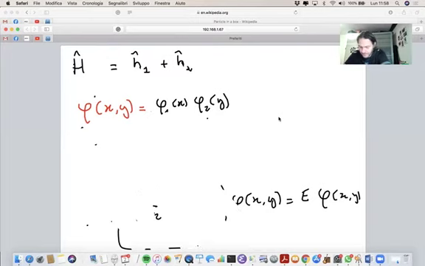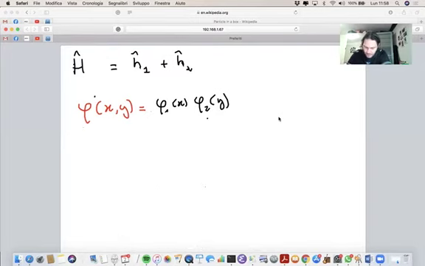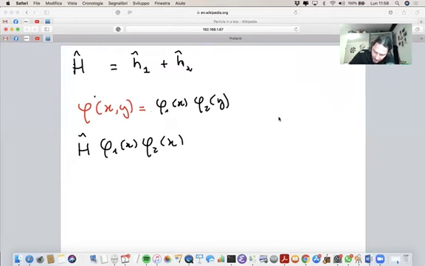So let's do this. Let me act with H1. So let me take H acting on phi 1 of x, phi 2 of x. I want to see whether this is a solution of the Schrödinger equation for the complete system. Well, if this is the case, I must find here a number times phi 1 of x, phi 2 of x.